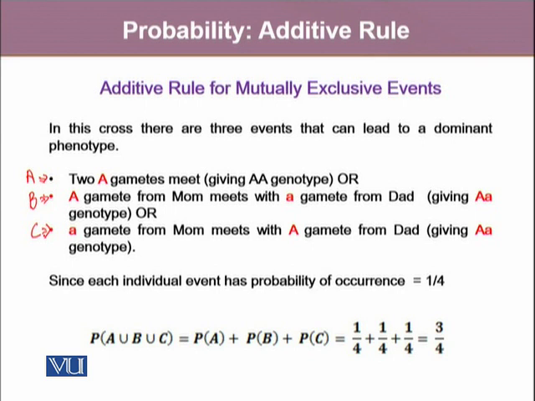Therefore, the probability of getting either A or B or C is given as the probability of A union B union C, which is simply the addition of their individual probabilities. Since each individual event has a probability of occurrence of 1/4, the probability of getting this specific event turns out to be 3/4.